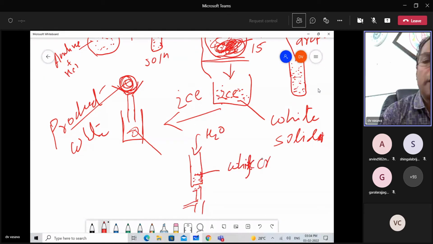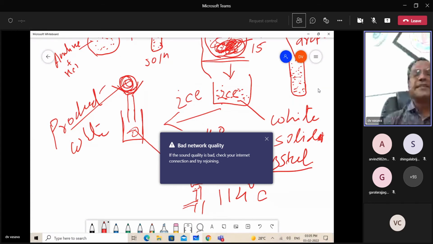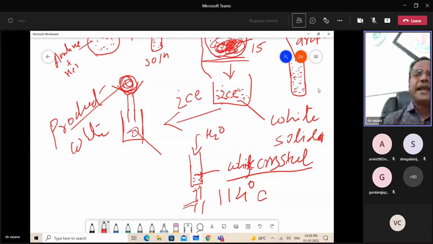You will get white crystals of the acetanilide, having a melting point of 114 degrees Celsius. So this is all about the acetylation and preparation of acetanilide from the aniline.